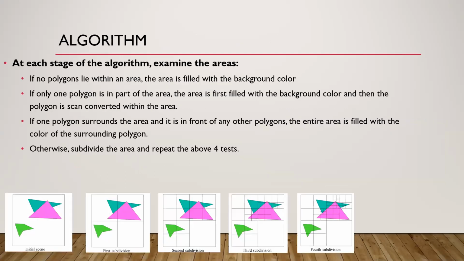How is it done? You see the initial scene, you have different objects over there, and that is divided into four subdivisions, or four blocks of equal area. As you see, three squares have objects in them, and the fourth one doesn't have an object.